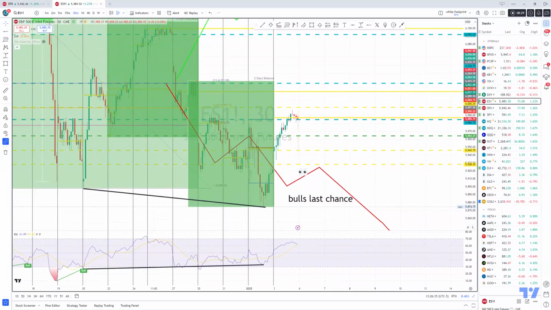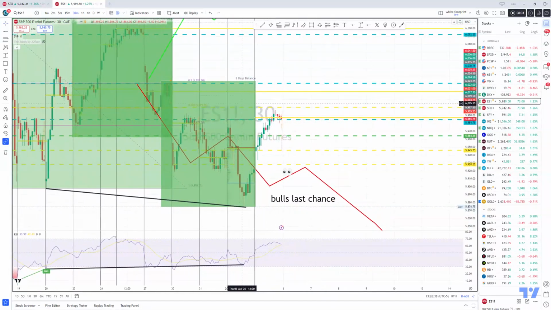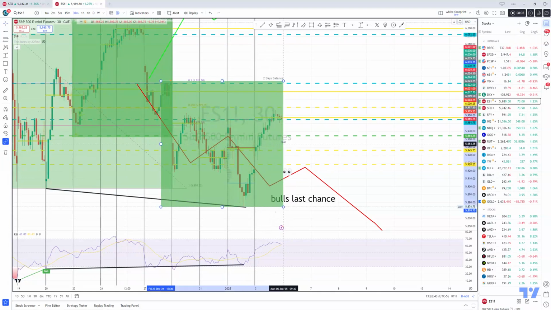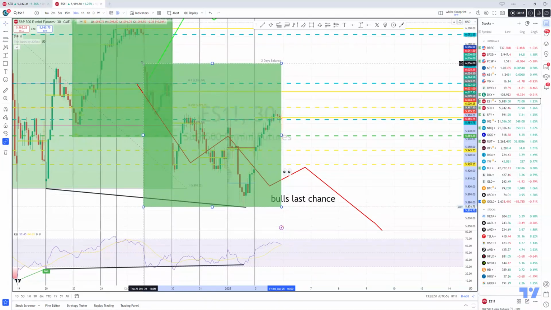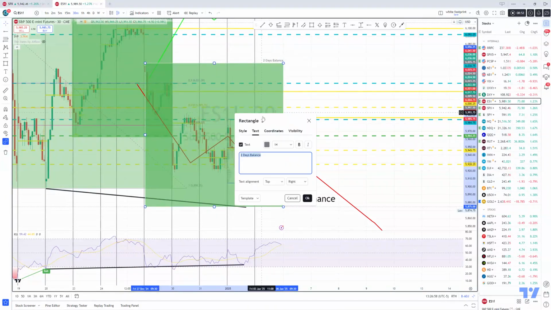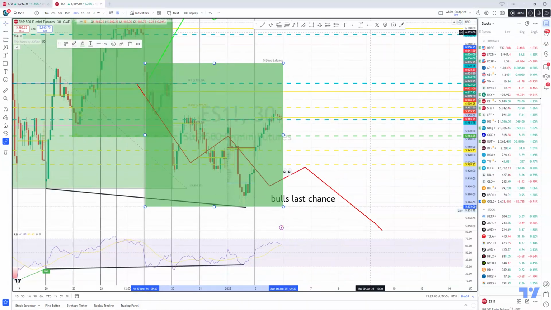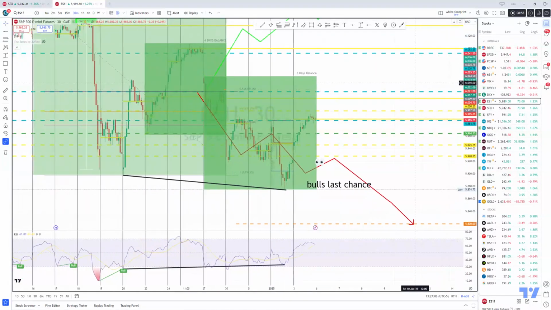So we have, move this one over. And then we got 1, 2, 3, 4, and 5. So we're going to just change this and name it 5 days. And then what we do here is we'll get the midpoint.